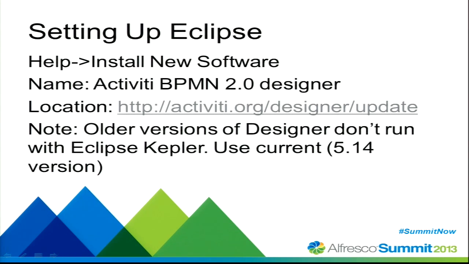So let's kind of start, what are we going to do to get our development environment up and going, and how to get started with things. The first thing you're going to want to do is get the design tool, and you can get that from activiti.org, designer update. So because Alfresco is running Activiti 5.7, when I went to install this a while back, I was like, well, I probably want the 5.7 design tool.